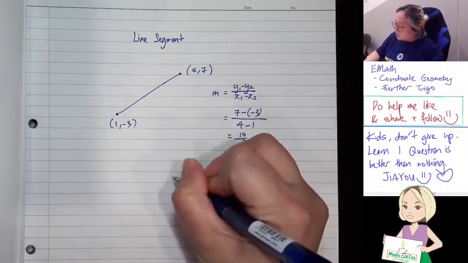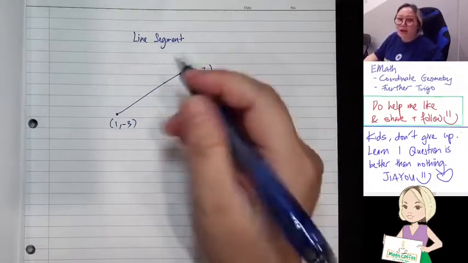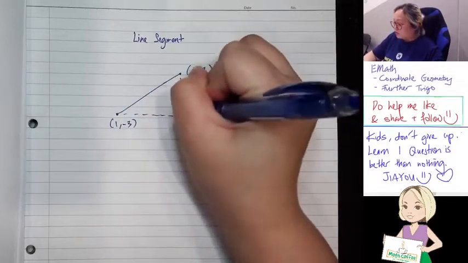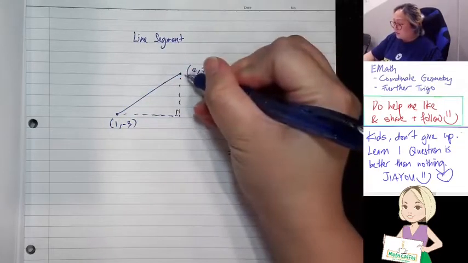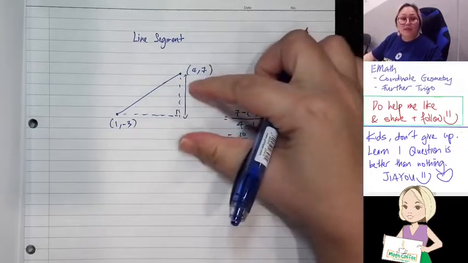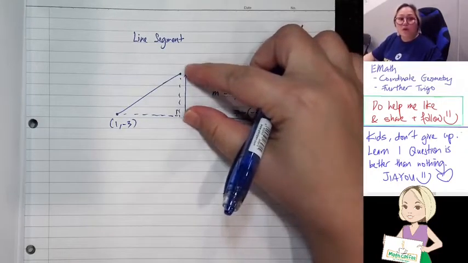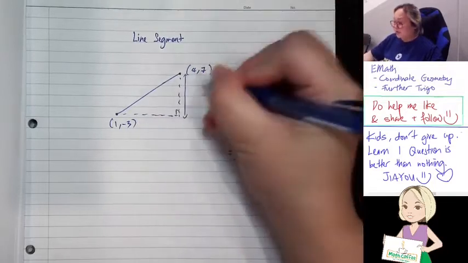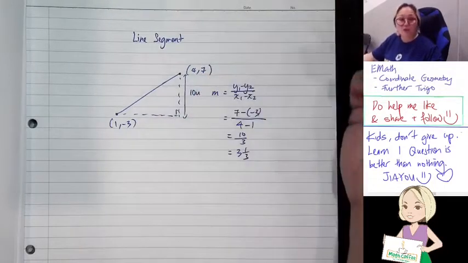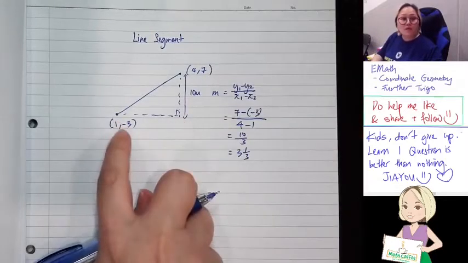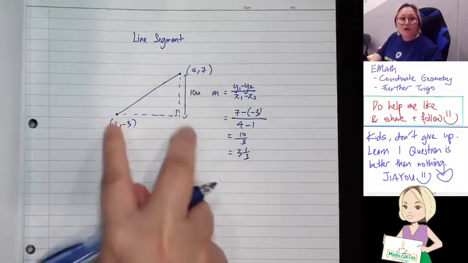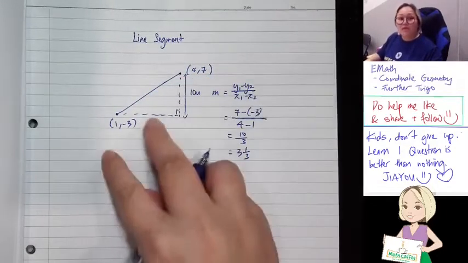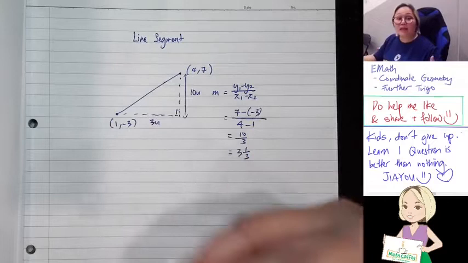The formula actually comes from Pythagoras Theorem. If I draw a dotted line, you look at here, from here to here, what is the length? It's the y coordinate. You take 7 minus -3, so we know it's 10 units. From here to here, from 1 to 4, it is 3 units. So to find the length is actually finding the hypotenuse.